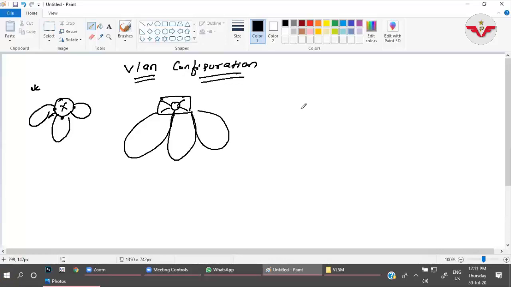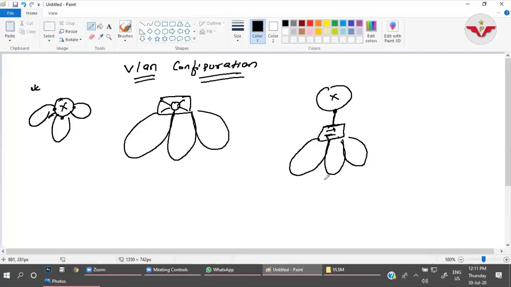The third and the most important, which is very much in use today, is this method. You will take a router, connect only one port to a switch, and we will create VLANs over here.